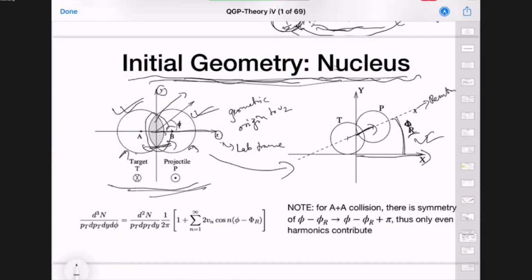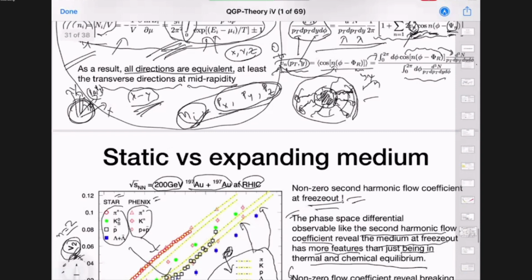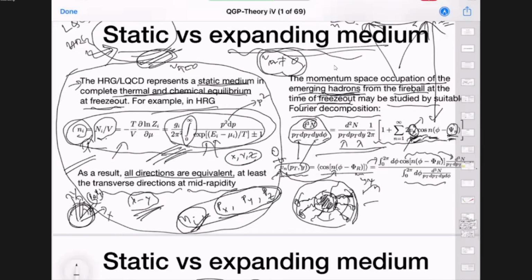So now the interesting thing is, if you have just this picture, note one thing: if you do the Fourier expansion, the azimuthal dependence that you would expect is of this type. You have the Vn, but now you just have phi minus psi r, sorry, phi r, and this phi r is constant, right? It is in the initial condition itself. It doesn't depend on n, unlike the most general expansion that we wrote here, where this was psi n, right?